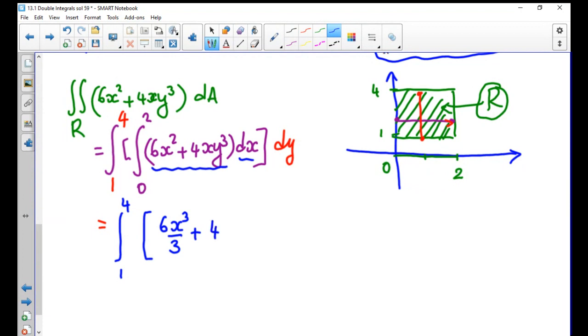Basically 4y cubed is a constant, leave it there. And x, what do you get when you integrate x? Yeah, x squared over 2. Yes, thank you. Like this. Exactly. From 0 to 2.